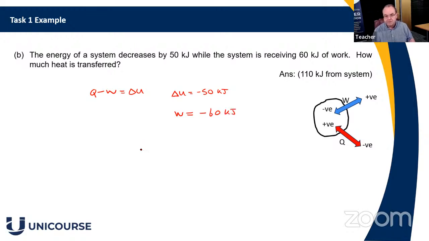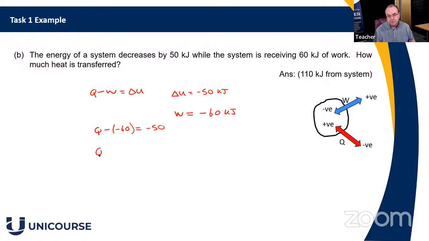So all we have to do now is put our numbers into our equation. So we have Q minus W, and W is minus 60. And that's equal to delta U, which is minus 50. We've got a minus and a minus, so it's a plus. Take it to the other side, it becomes a minus again.